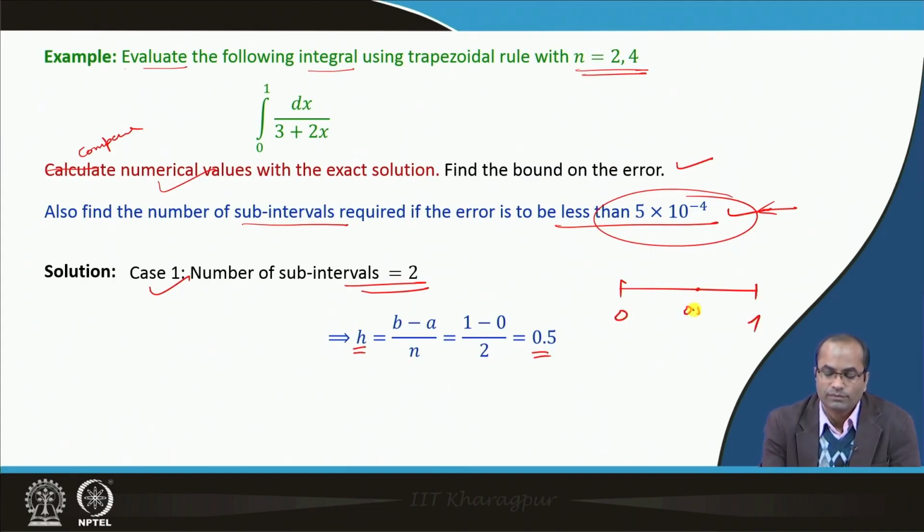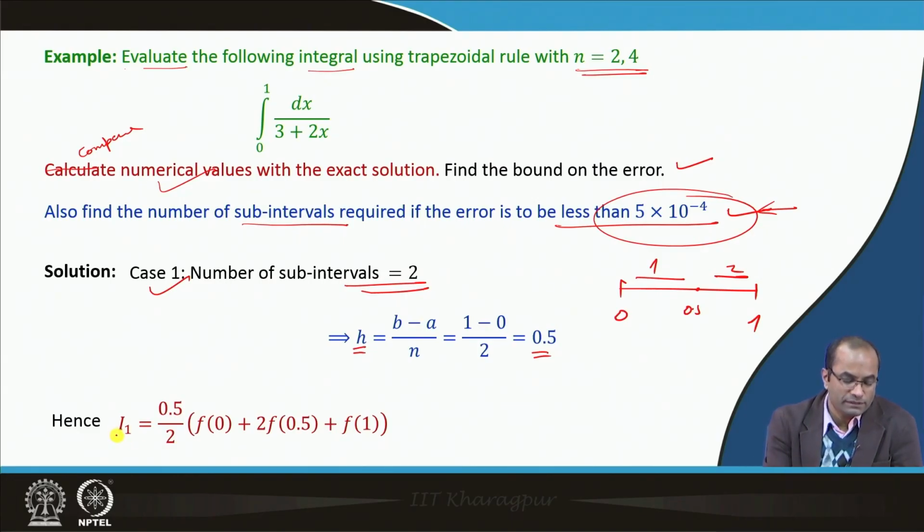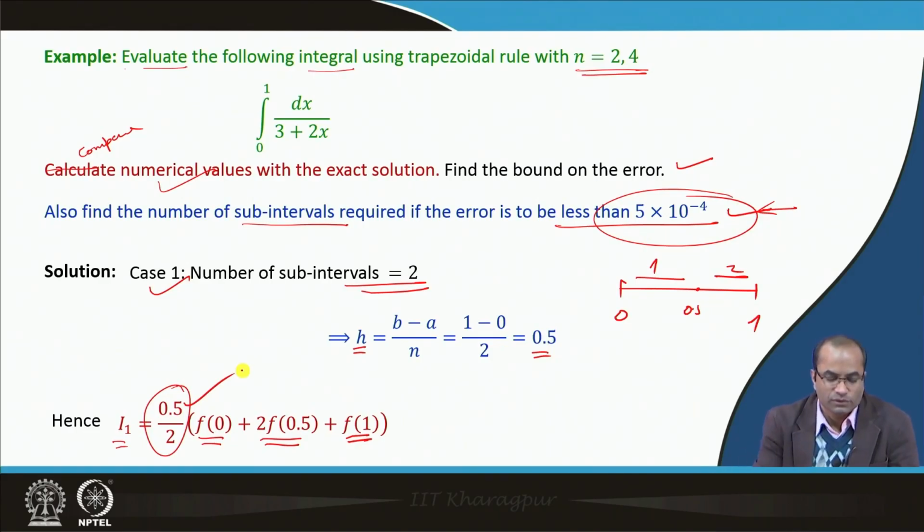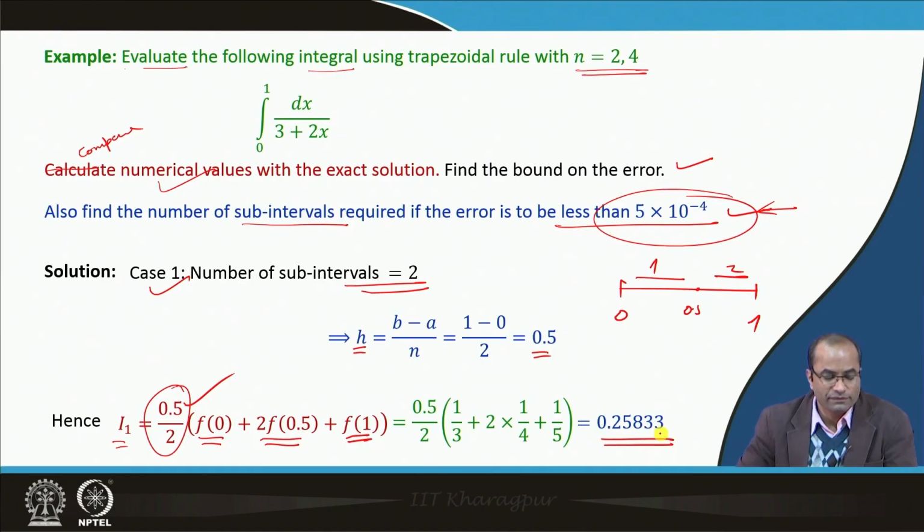So, we have interval 1 and interval 2. In that case h is 0.5, and we can apply the trapezoidal rule: f0 plus 2 times the internal point plus f1, times h by 2, where h is 0.5.